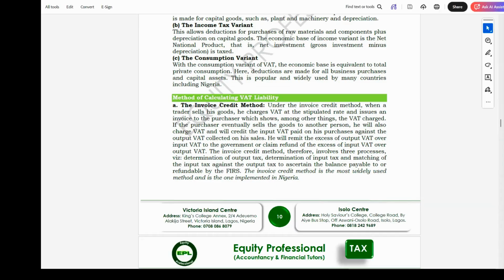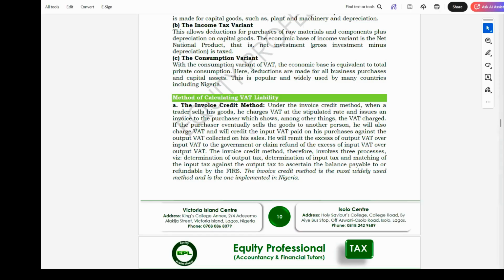Under the VAT liability, the first method is the invoice credit method. You may also see it somewhere called the invoice method or the credit method.